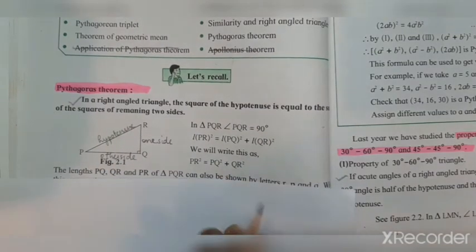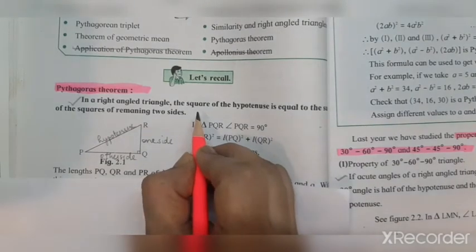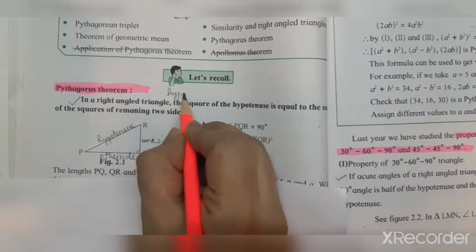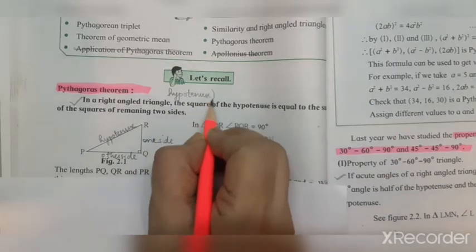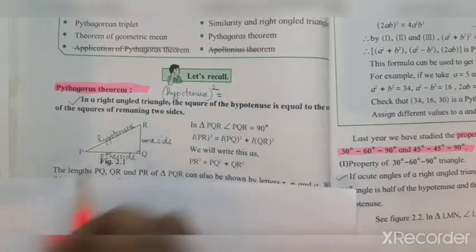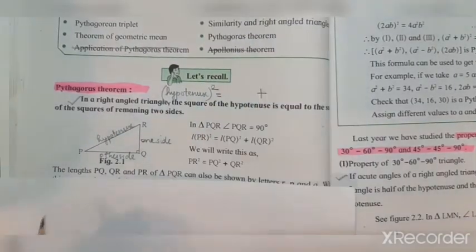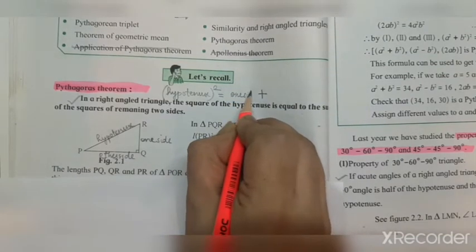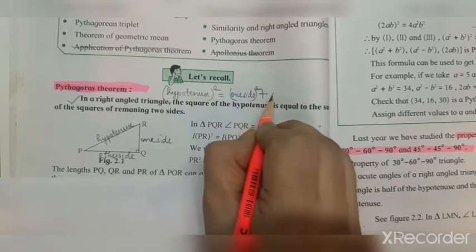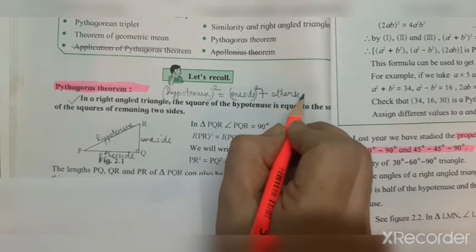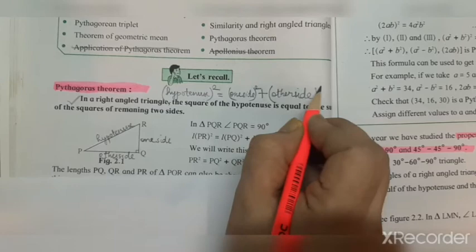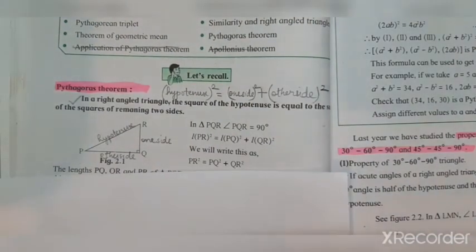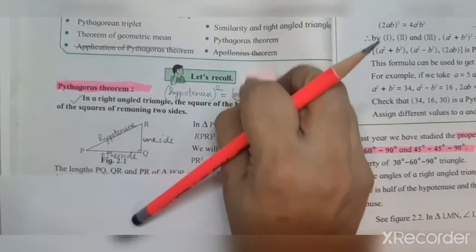In general we can write: hypotenuse square is equal to the sum, meaning addition, of the squares of the other two sides. So one side square plus other side square. This I have written in general when we don't have the name of the triangle.